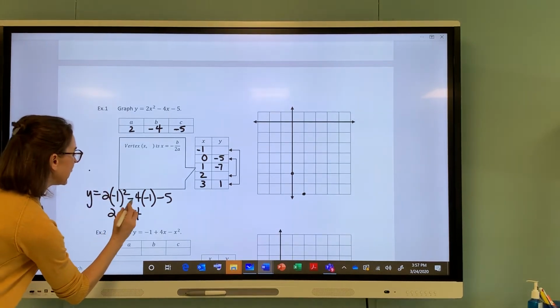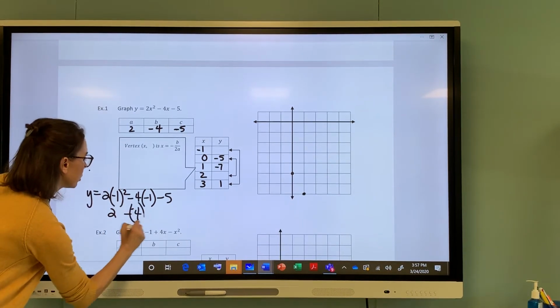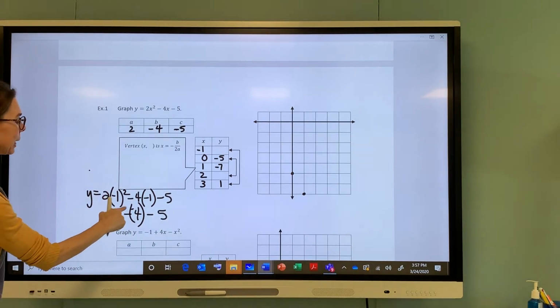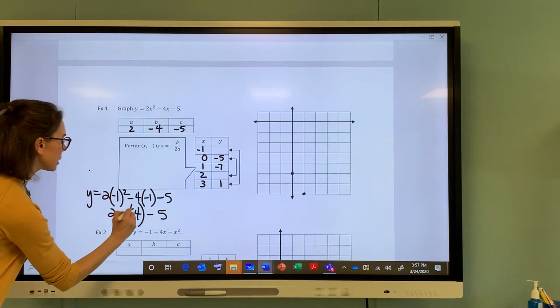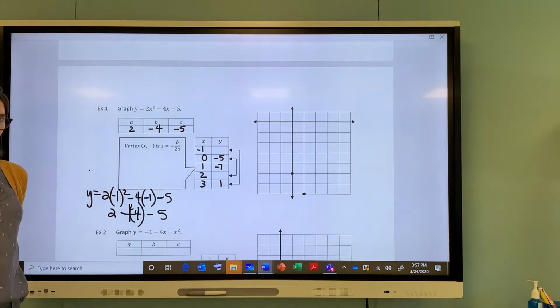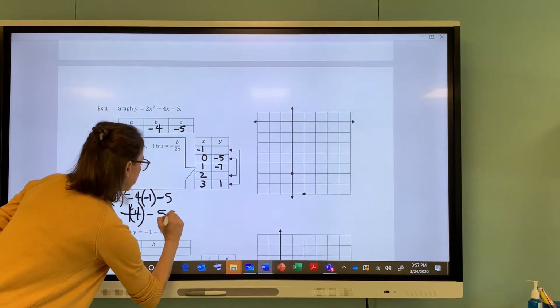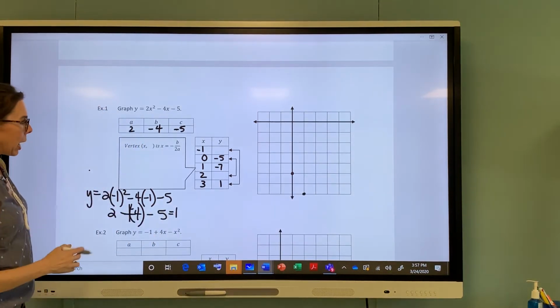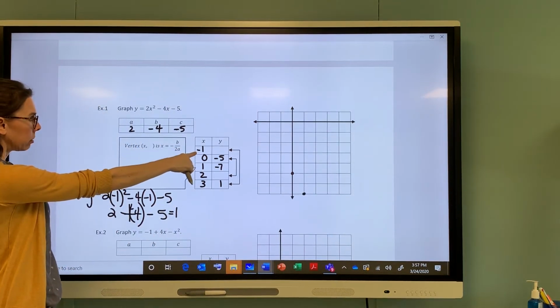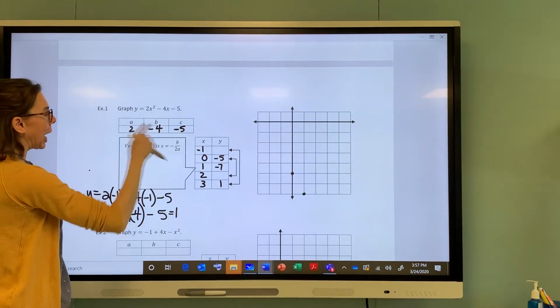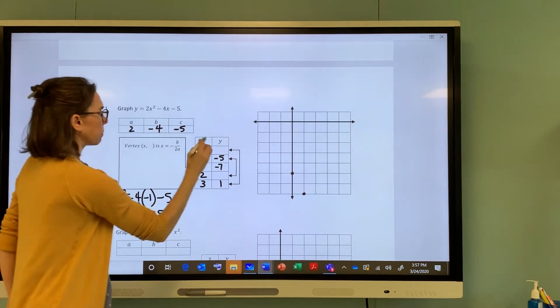So minus -4 minus 5. So 2 minus -4 is the same thing as 2 plus 4. And that's 6 minus 5 is 1. So when x is -1, in this quadratic function, y is 1.